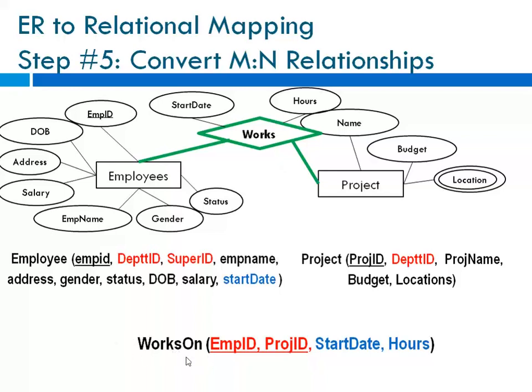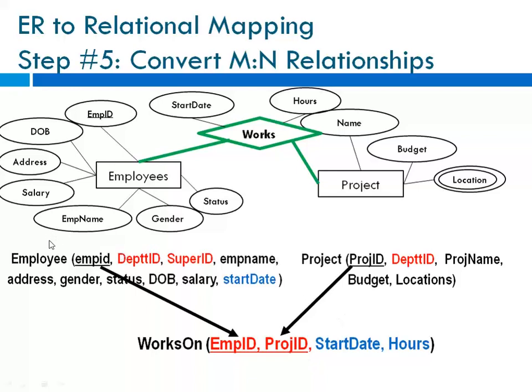In this works on table, the attributes of the works relationship, the start date and hours, are added as attributes of this table. For the composite key, the employee ID is given as a foreign key here and the project ID is given as a foreign key here. Both of these make the composite key and they are foreign keys from these tables.